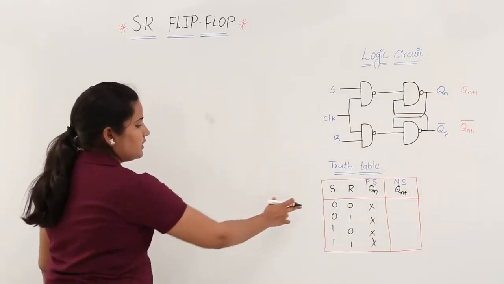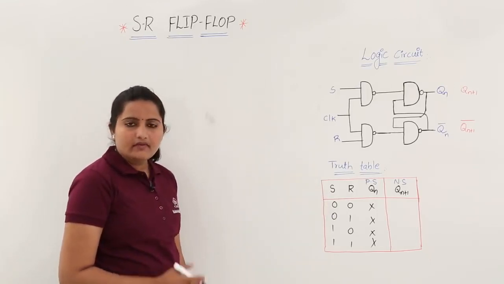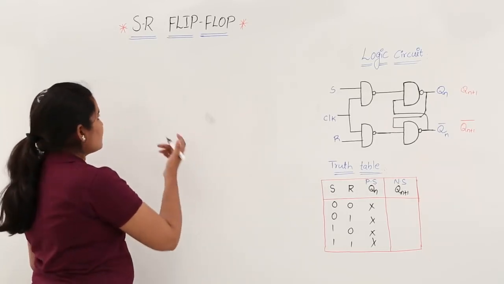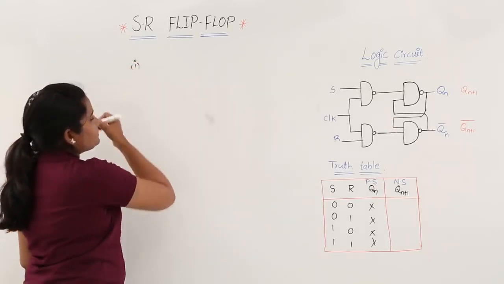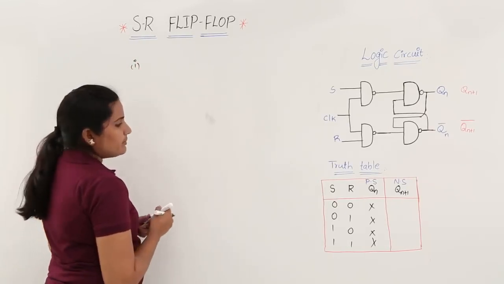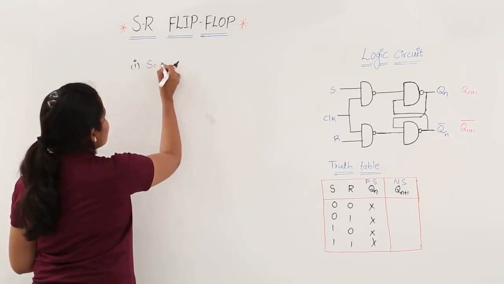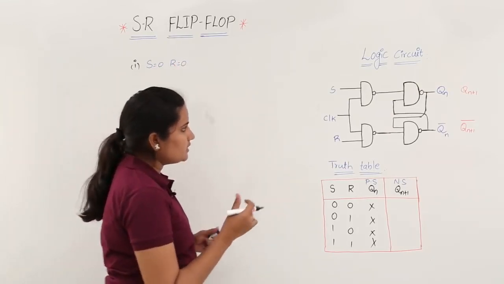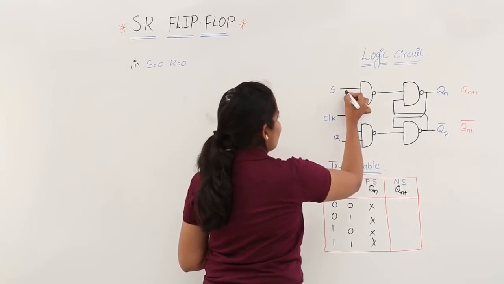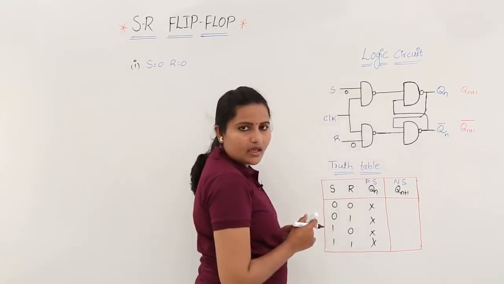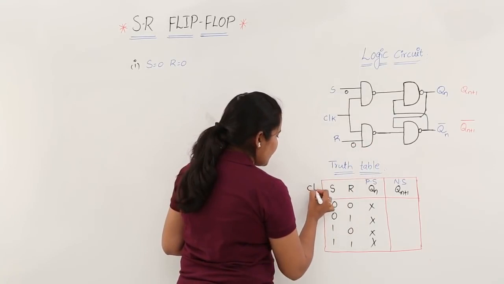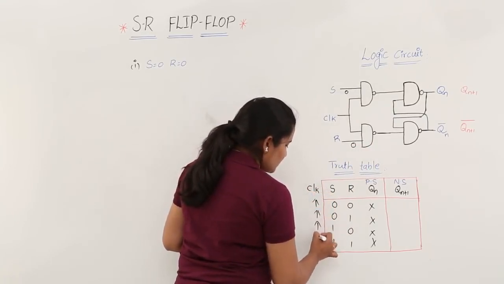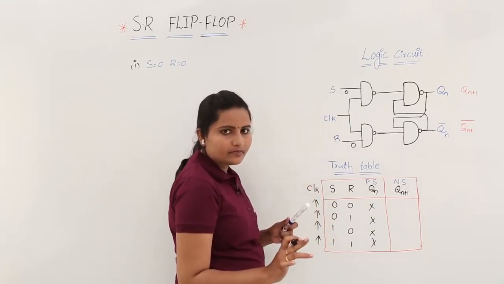First combination I am taking: when S equal to 0, R equal to 0, what may be the next state of the machine? Here I am considering my first example, S equal to 0, R equal to 0, and the clock pulse is on, that means clock is equal to 1.